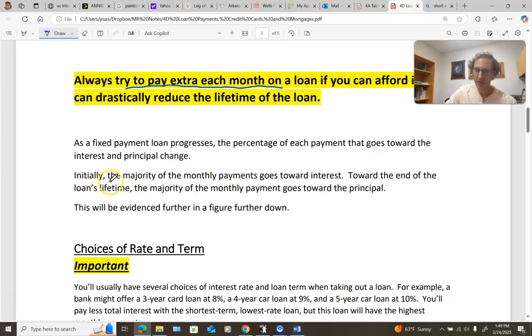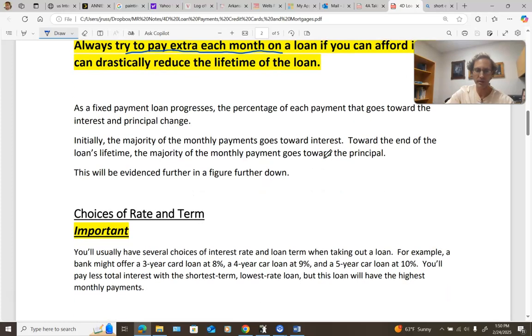Toward the end of the loan's lifetime, the majority of the monthly payment goes to the principal and very little to interest, because the principal now is so small that it can't draw any interest, hardly. Okay, and there's another figure that we're going to see in part 2 here.